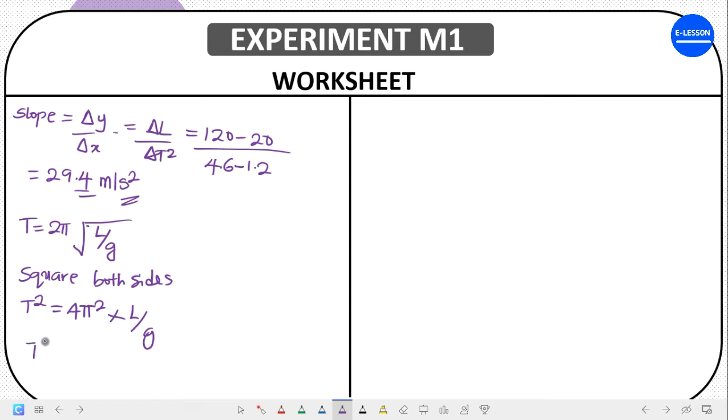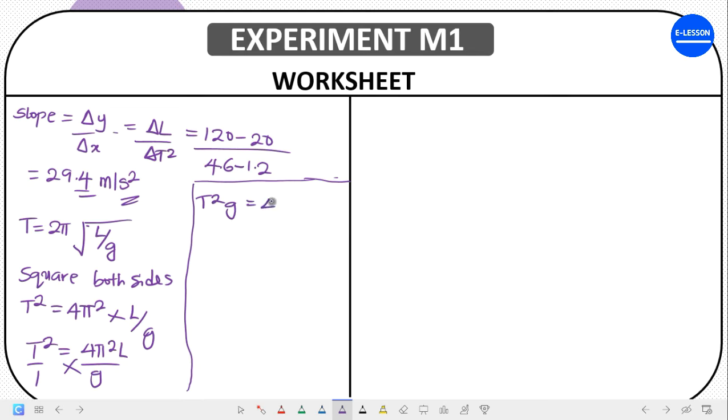Now this also is the same thing as t square is equals to 4 pi square L over g. This over 1, cross multiply this times this to give us, let me do that here because we still have much to do. Your book will be enough for you to write all this. Now t squared times g will give us what? t square g is equals to 4 pi square L.